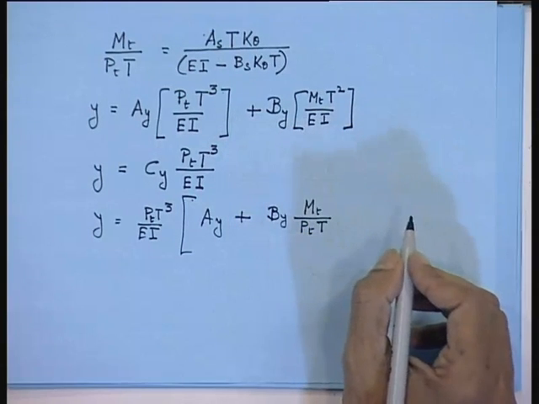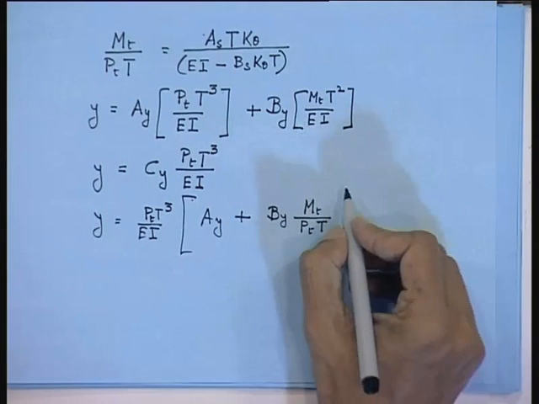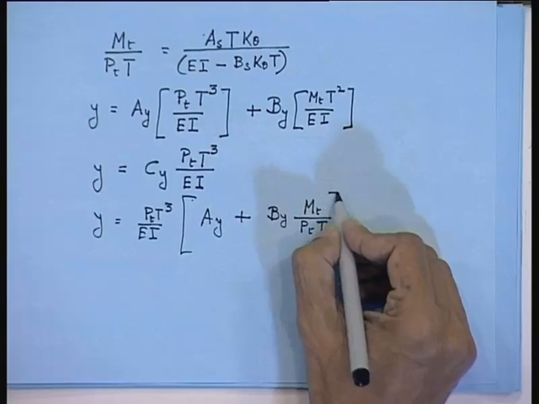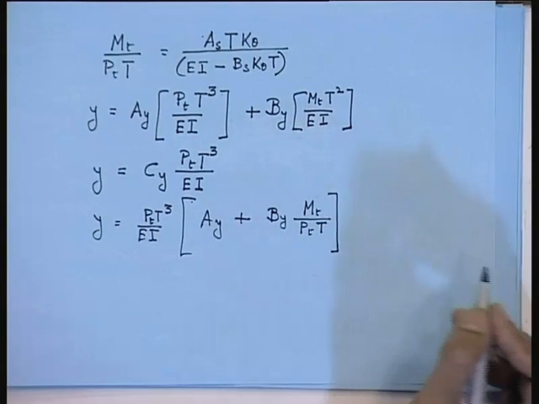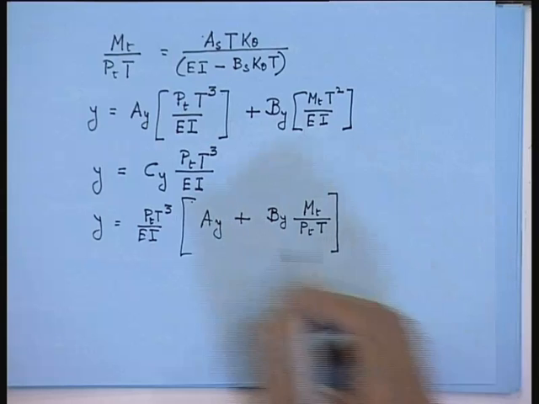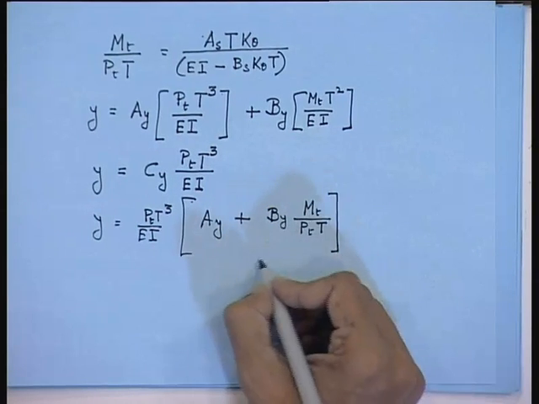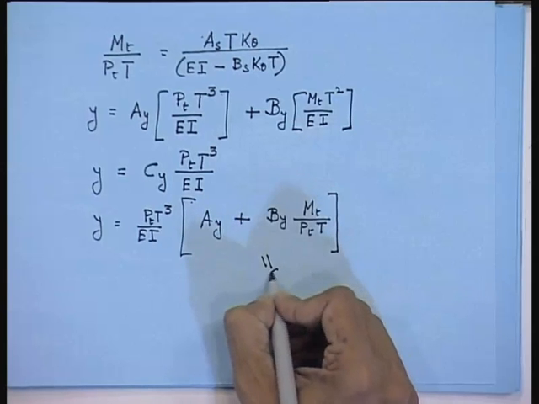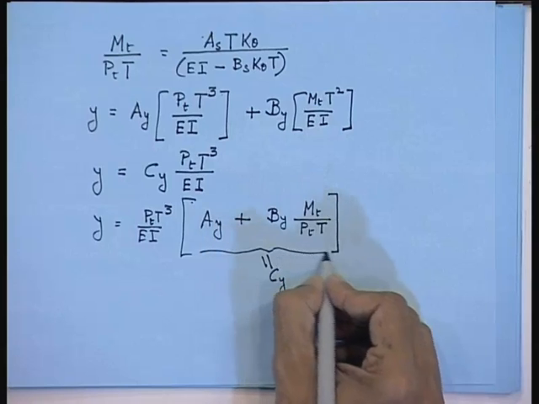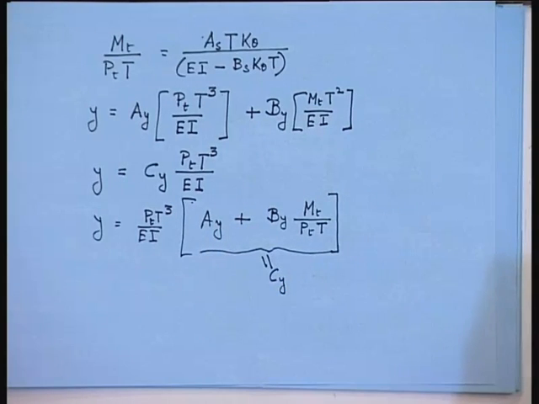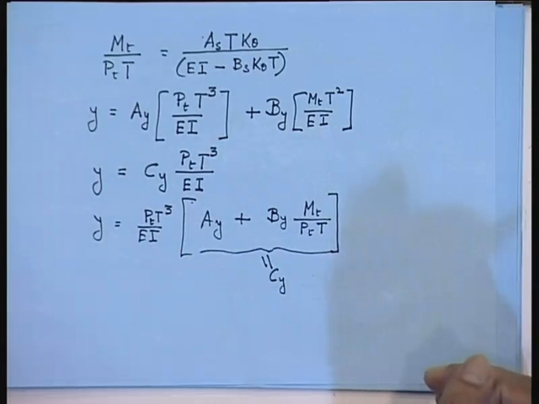So, now PT will cancel, this will become T square MT and you are getting EI. So, now we have somehow brought this term inside our deflection term. So, then what is this? So, this is your Cy, or you bring this in terms of a coefficient and keep this factor out.